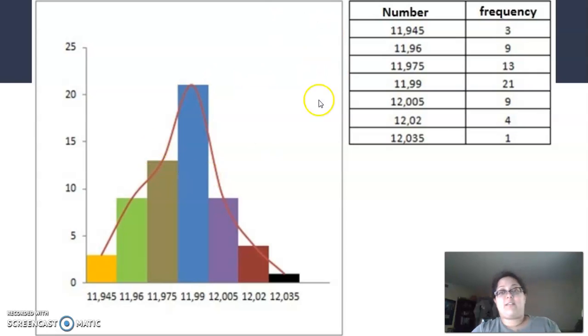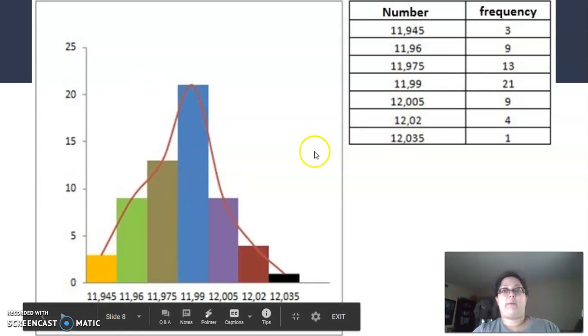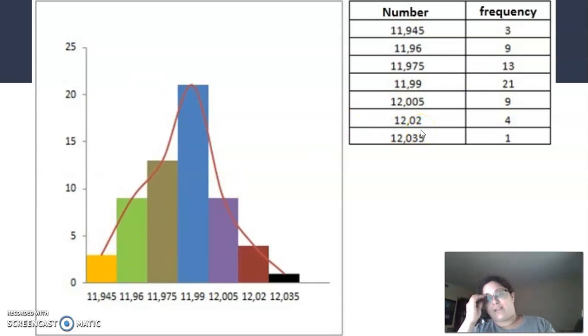So this is a frequency table, right here on the right, and then this is a histogram. The frequency table basically says, let's say you have a bunch of people picking random numbers or something like that, and these are the numbers that they can pick from. This is, by the way, British, so the commas actually represent points. So it's like 11.945 instead of 11,000.